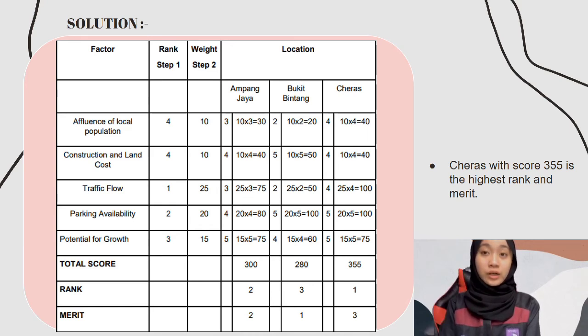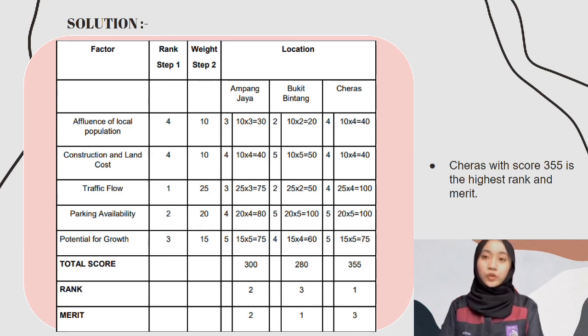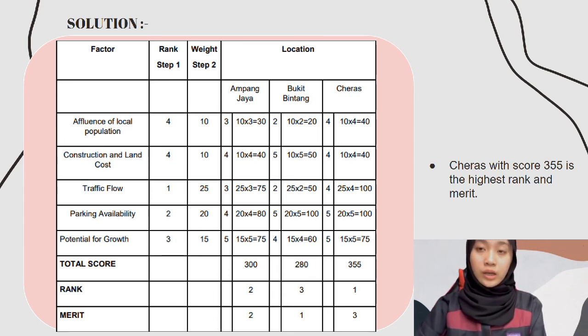Then we must give the highest rank, which is 1. Followed by parking availability with weight 20, and we give rank 2. Next is potential for growth with weight 15. Then we must give rank 3. Next, the factor affluence of local population is the same as construction and land cost with weight 10, so we must give the same rank, which is 4.